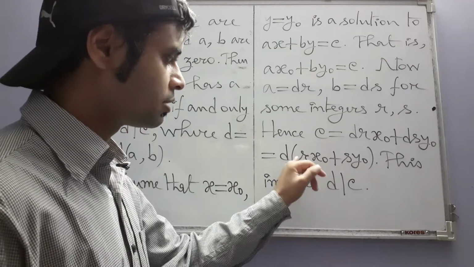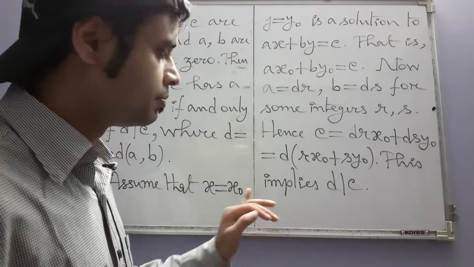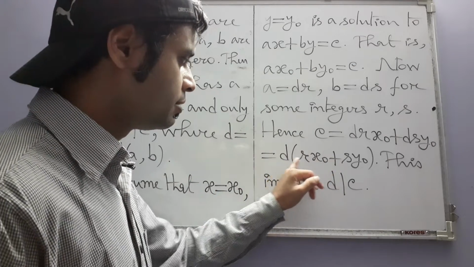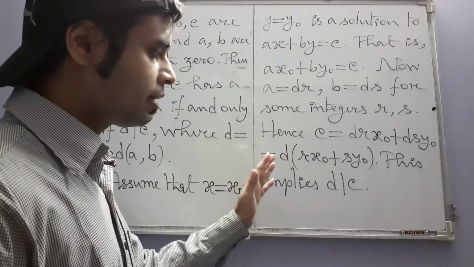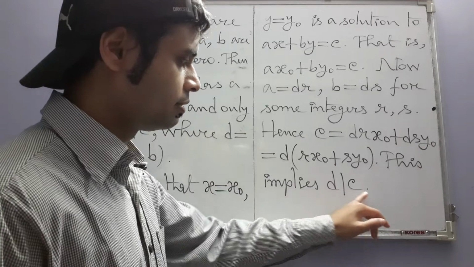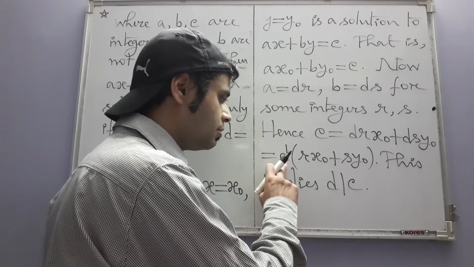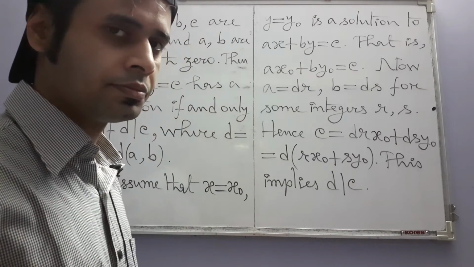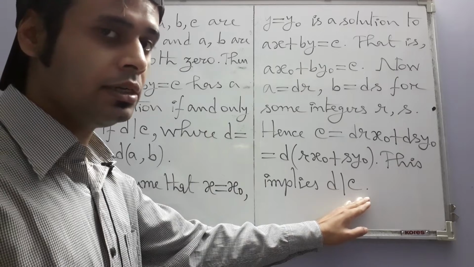So this combination r x naught plus s y naught is an integer. Fine. So c is a multiple of d with this integer. Is that by itself enough to say that d divides c? No, we also need d to itself be non-zero. Otherwise, division is meaningless. But d is non-zero.